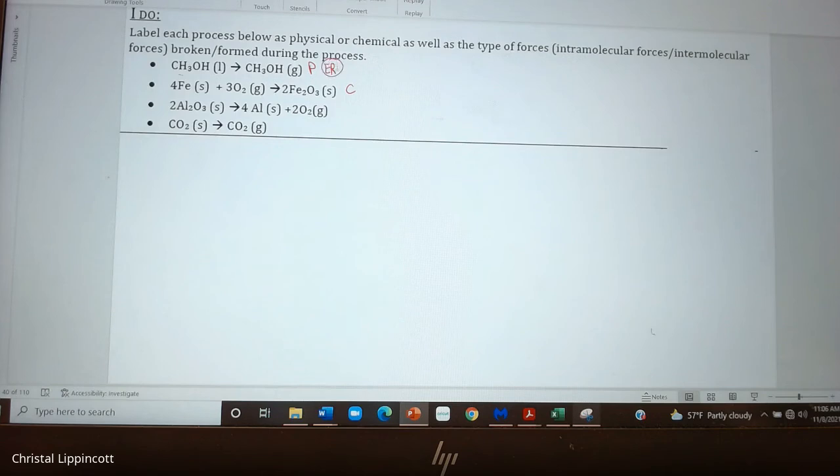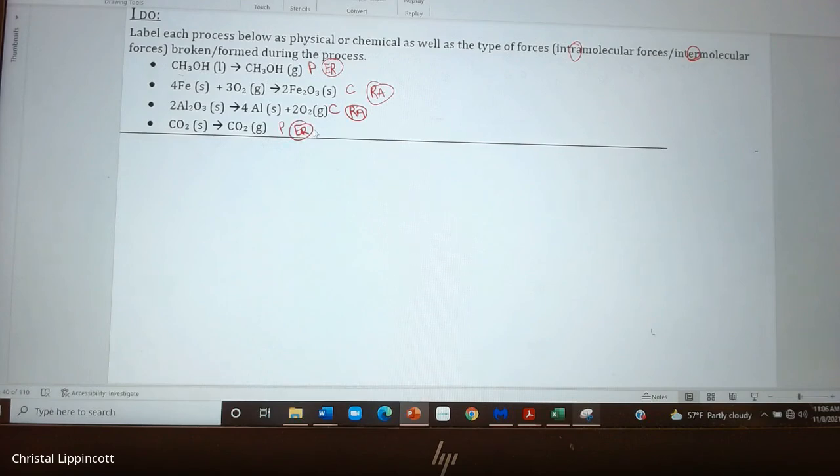I'm going to do that as that one. So this would be intramolecular. Here, what is this? Intra, and it's chemical, and intramolecular, because I'm lazy. And what is this guy here? Physical, and that's going to be intermolecular.